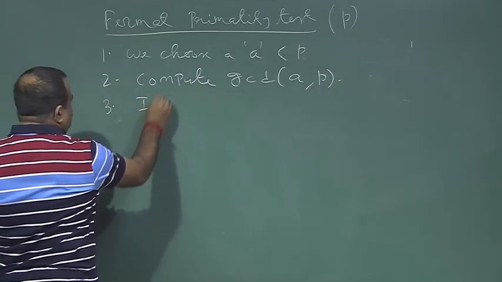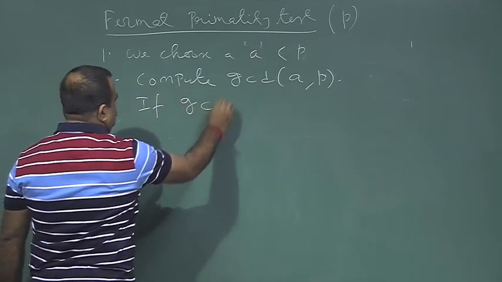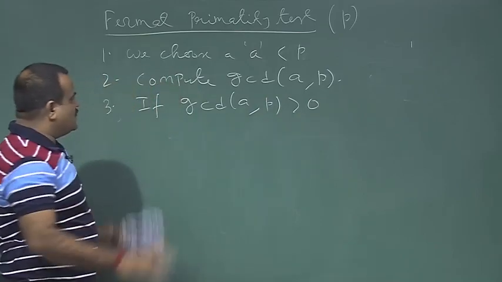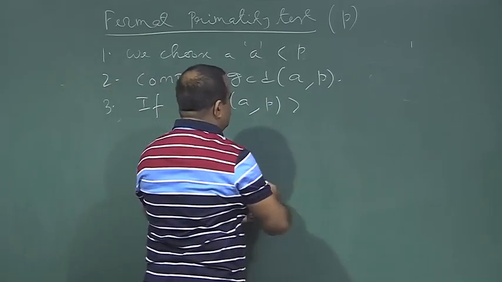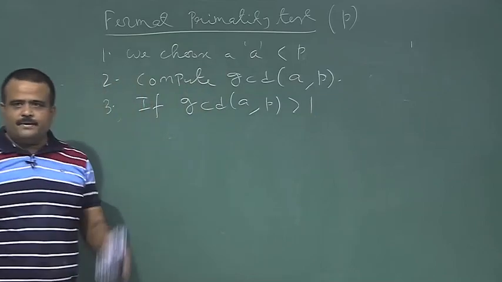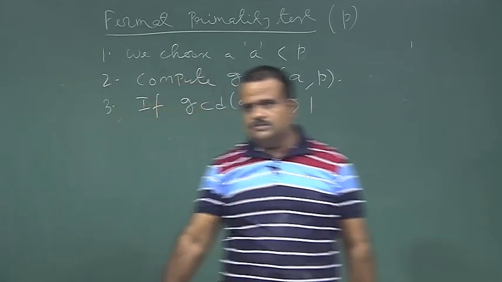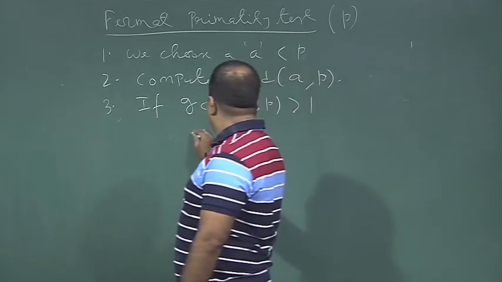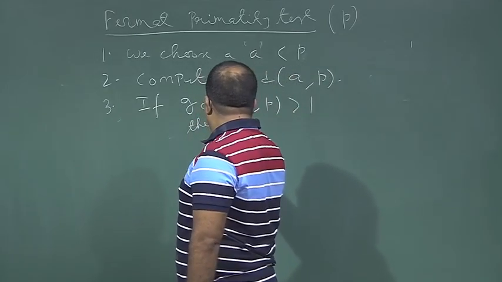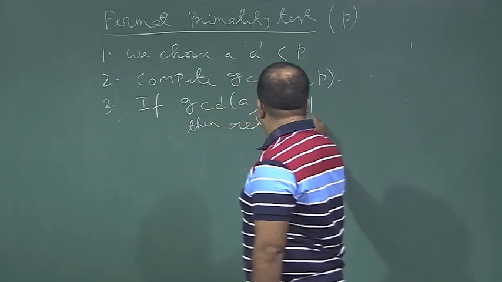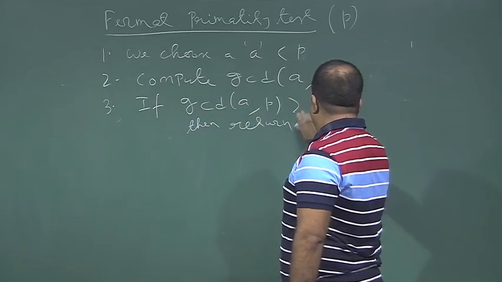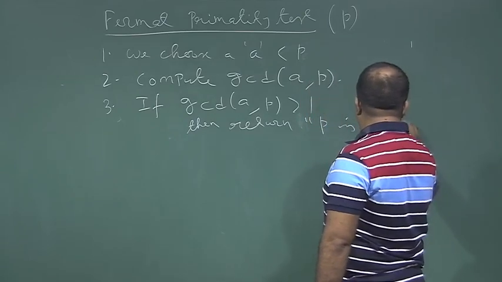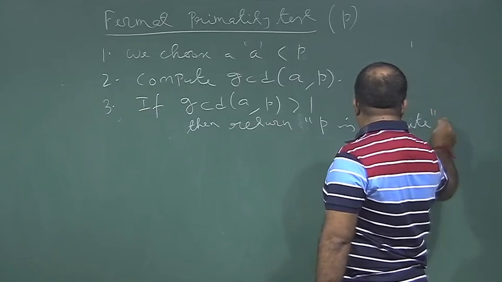Now, if GCD is greater than 1, then they have a factor more than 1. So, that means P cannot be a prime, then return P is composite number; not prime means composite.